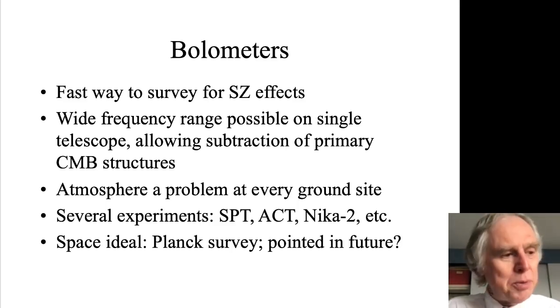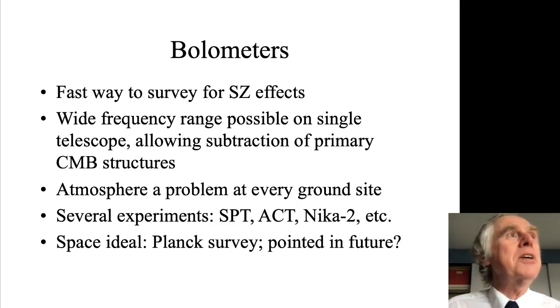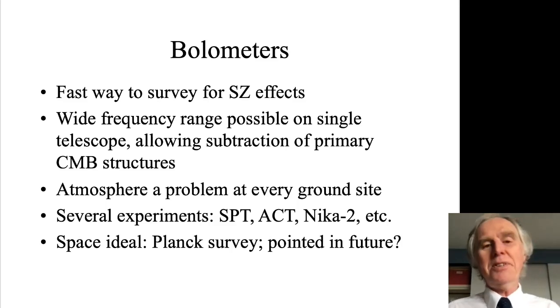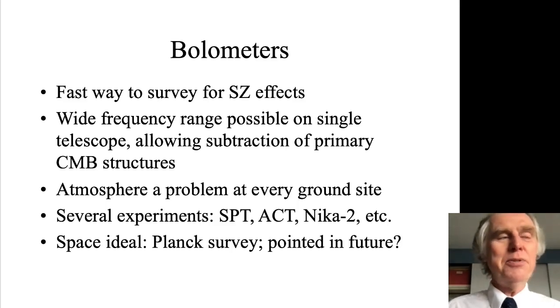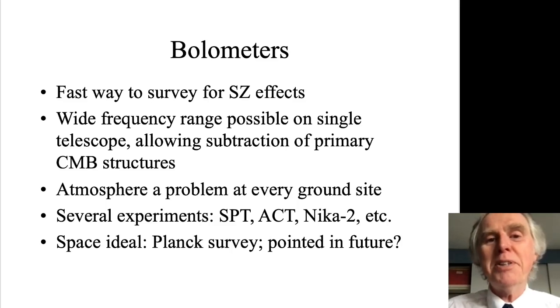They can be a bit of a problem in that the brightness of the sky changing causes the nature of the signal you get to change, and atmospheric transmission at typical frequencies where bolometer arrays work in the millimeter are not perfect for ground-based sites. Space-based sites are ideal for bolometers, and the Planck survey is one example of these.